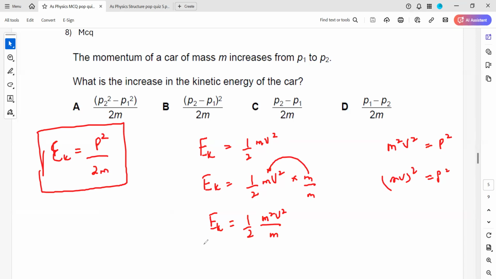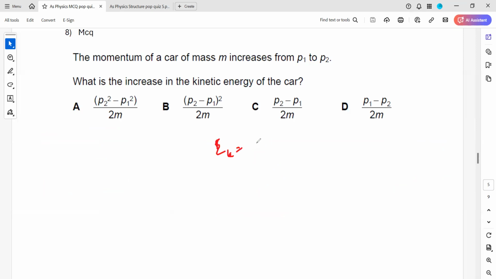It's a fixed formula. You can learn this formula as well, or you can derive that the kinetic energy is always the momentum square divided by 2m. Why do we multiply? Because I want the relation between the kinetic energy and the momentum. When I write kinetic energy as half mv square, how can I make this momentum?